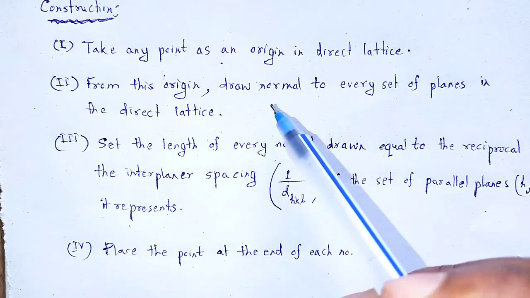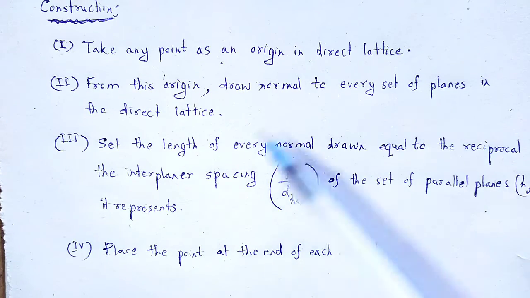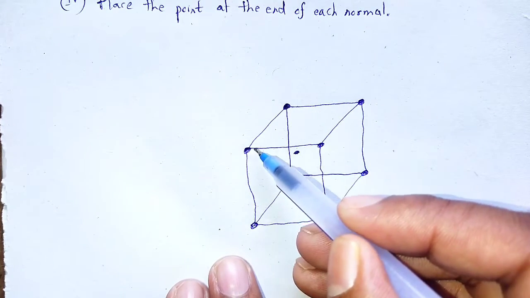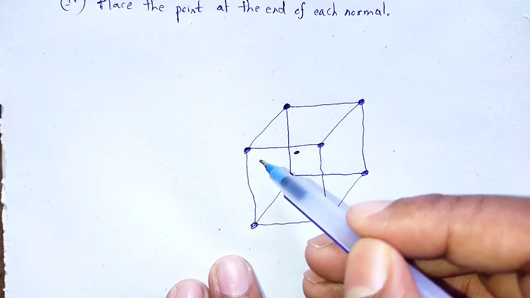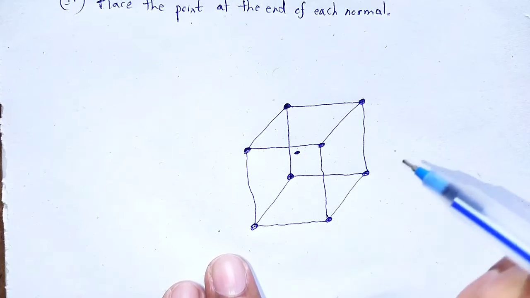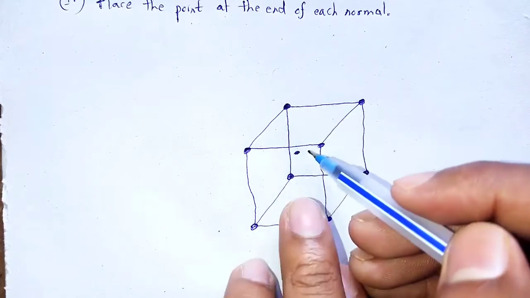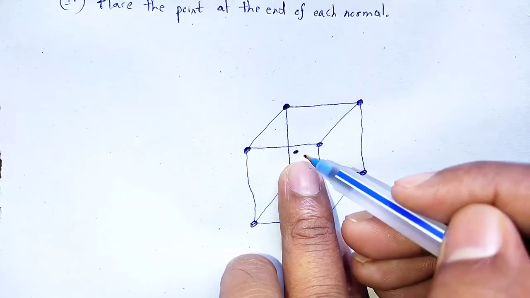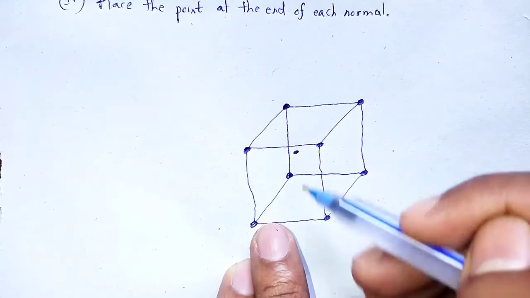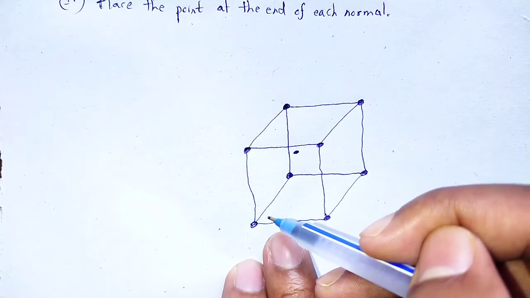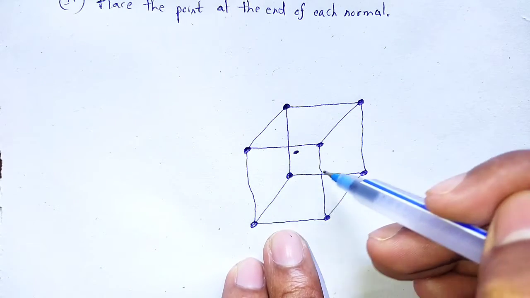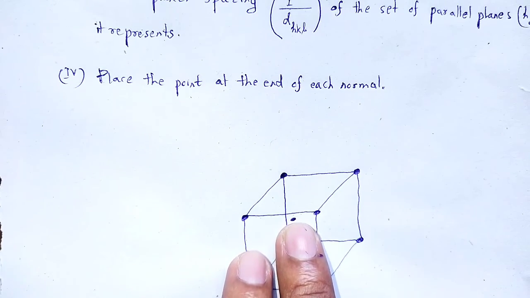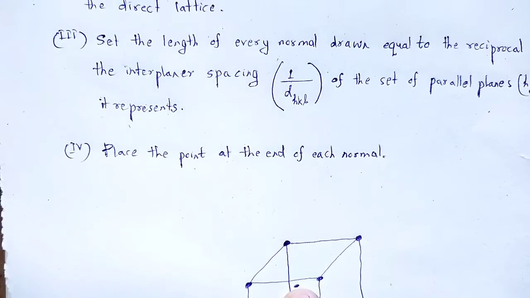From this origin, draw the normal to every set of planes in the direct lattice. There are a huge number of planes. From the origin, we draw the perpendicular to this plane, that plane, that plane. Also, if we take any plane in between these two, we can draw the normal. But what is the length of the drawn normal?